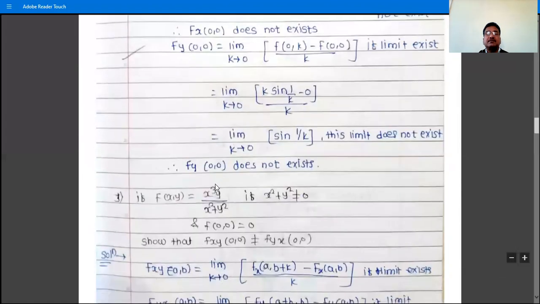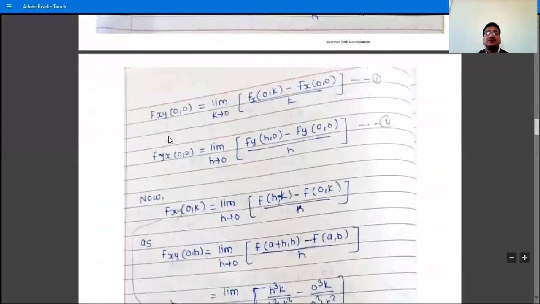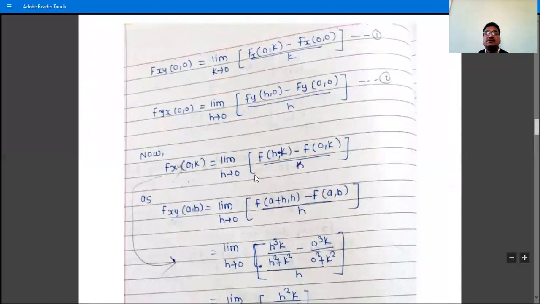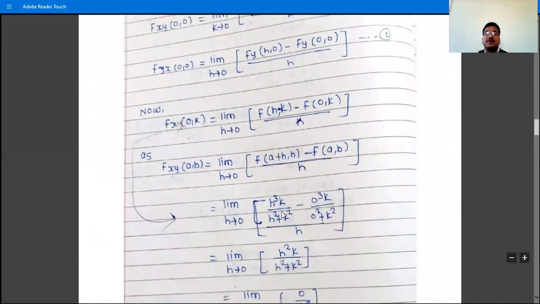Fx(0,k) is the limit as h tends to 0 of f(0+h, k) minus f(0,k) divided by h.